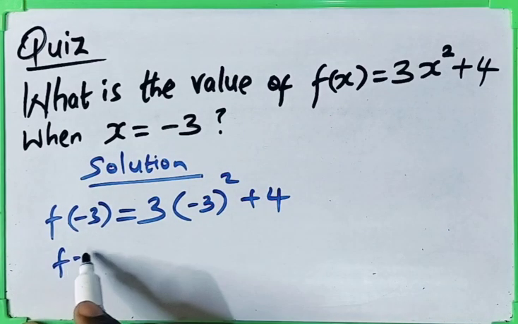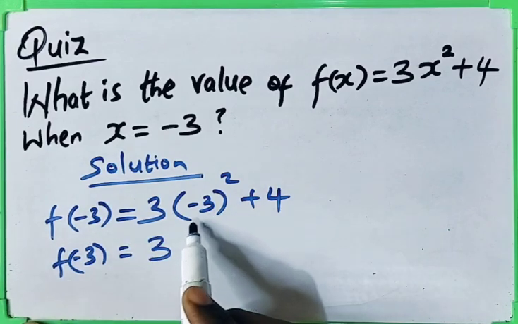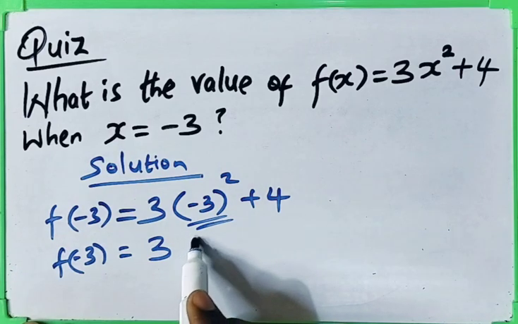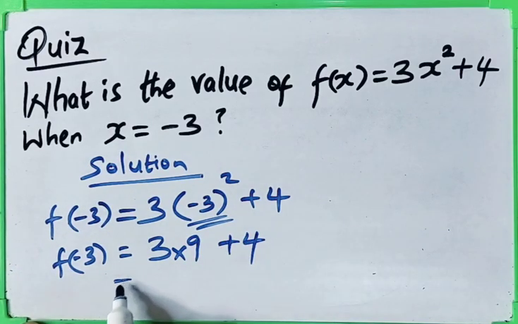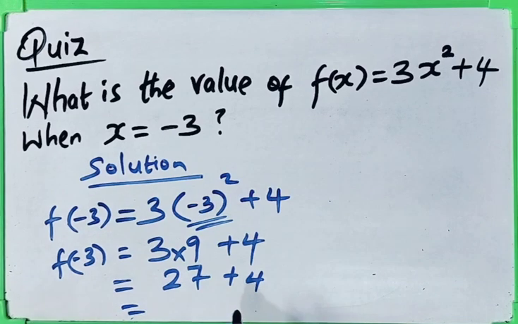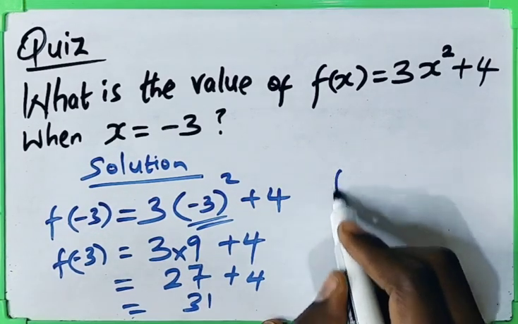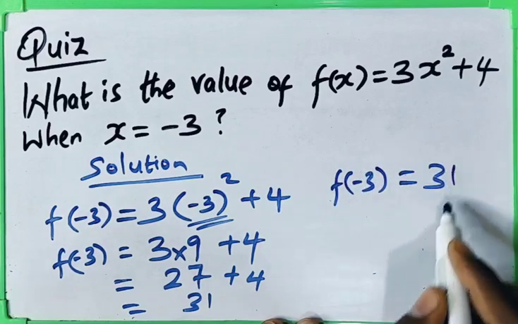That function rule, or the output, becomes 3. Negative 3 squared is 9. So 3 times 9 plus 4, which is 27 plus 4. And we get 31. So our output is going to be 31.